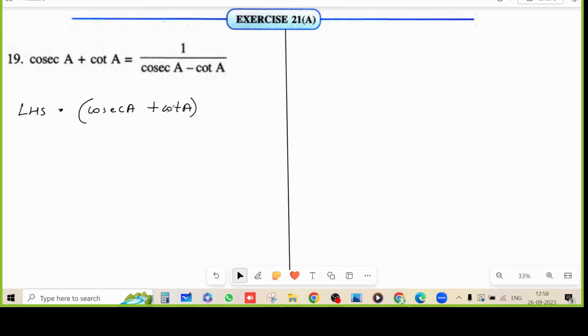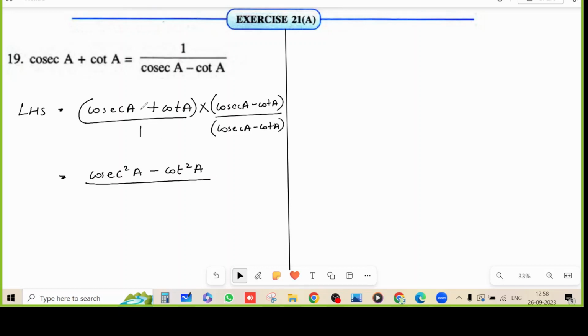So we will multiply both the numerator and denominator by cosec A minus cot A. Now the numerator will become cosec square A minus cot square A. According to the formula, a plus b into a minus b is equal to a square minus b square, and the denominator will become cosec A minus cot A.